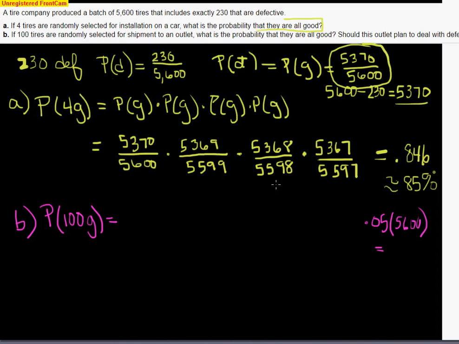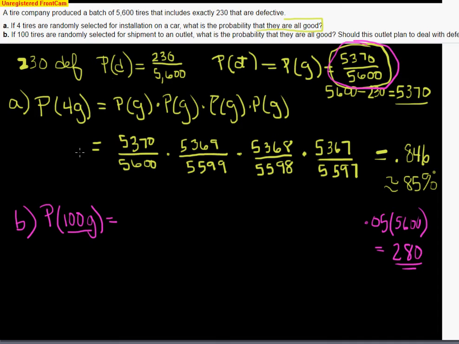Again, you can do that on your calculator, but that's going to equal 280. So that's our cutoff point. And our sample size over here, our 100 good tires, is less than that. So we can treat the events as independent, which means we don't have to do all this dependent work.